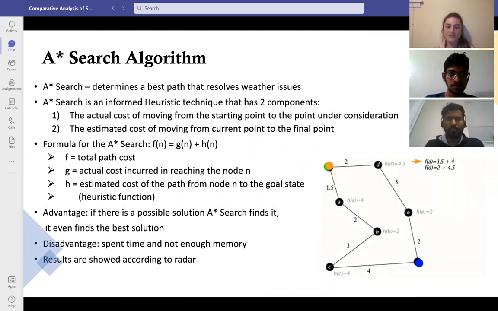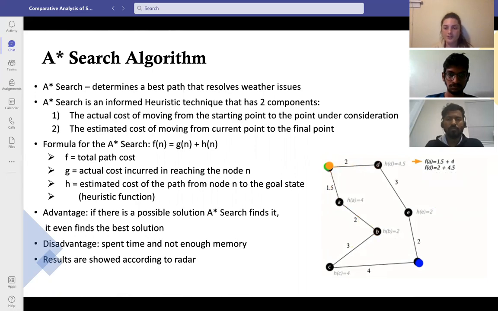A-star search is an informed heuristic technique, and it has 2 components. The first is the actual cost of moving from the starting point to the point under consideration, and the second is the estimated cost of moving from the current point to the final point.